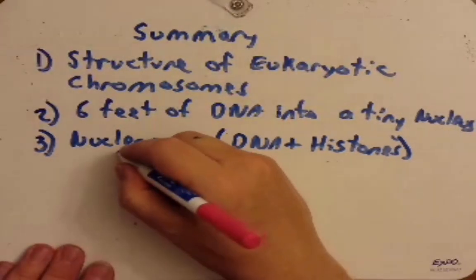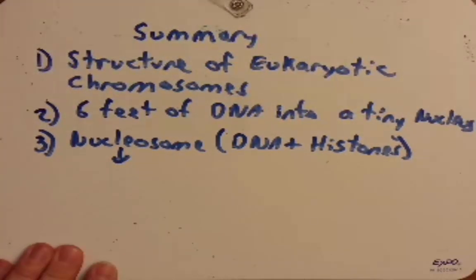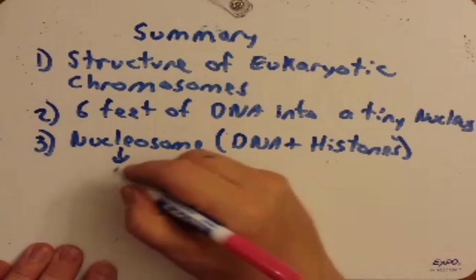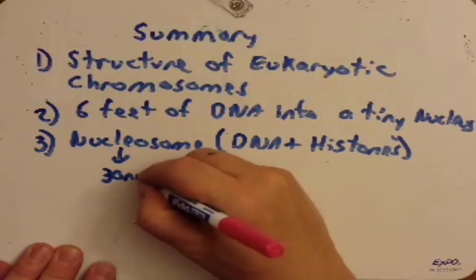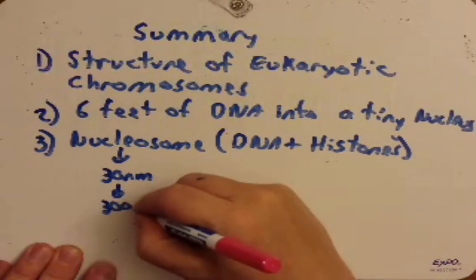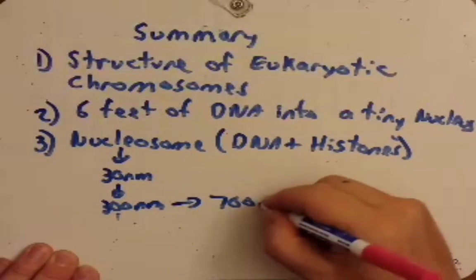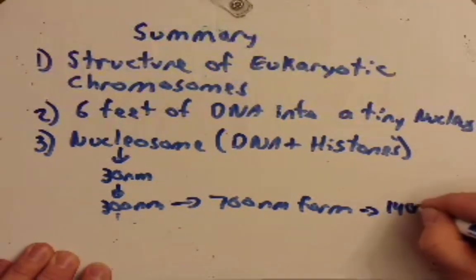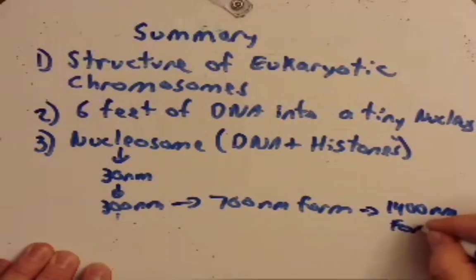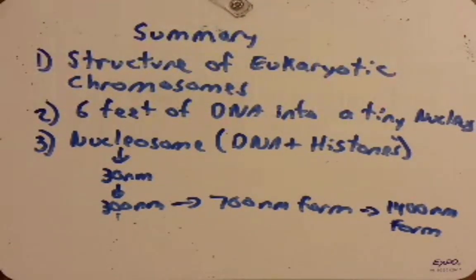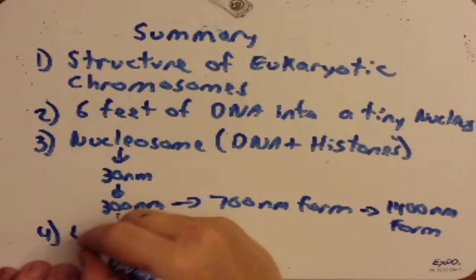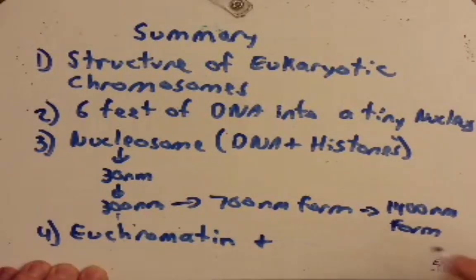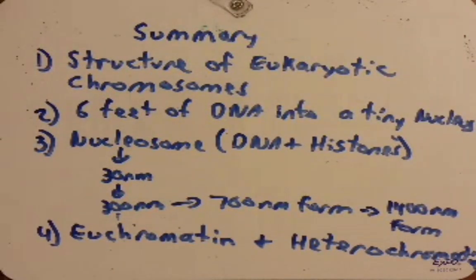And then how this nucleosome was further packaged through multiple steps into the 30 nanometer form, the 300 nanometer form, the 700 nanometer form, and then ultimately into the 1400 nanometer form, which was the metaphase chromosome. So be familiar with this process and very familiar with the nucleosome. And then lastly, we talked about the differences between euchromatin and heterochromatin.